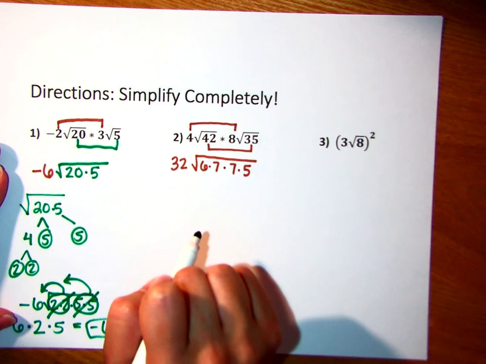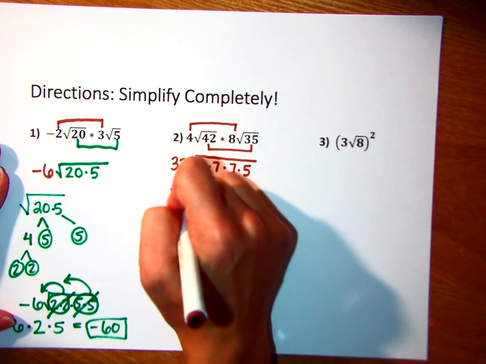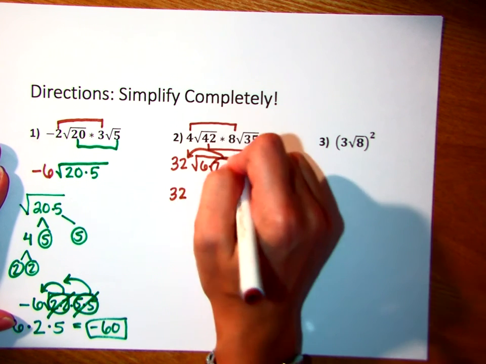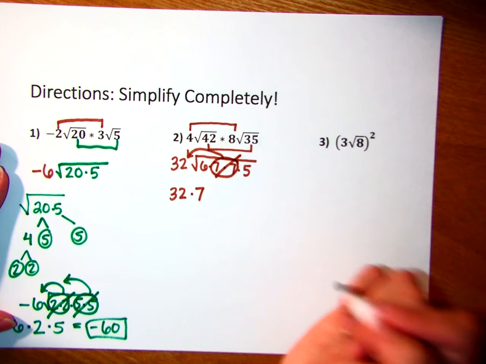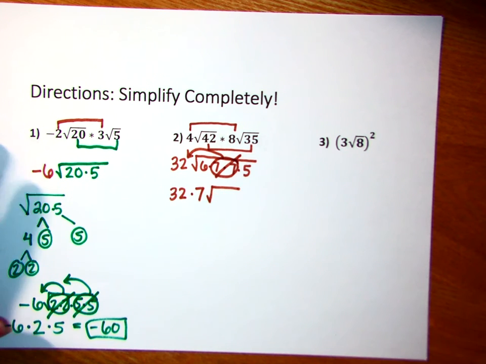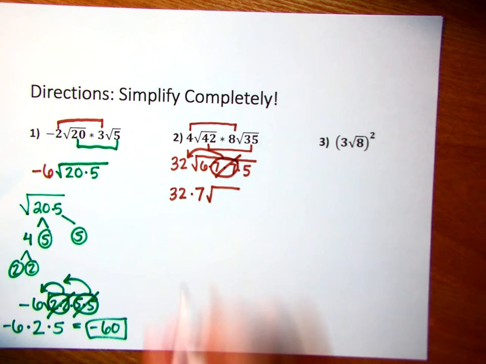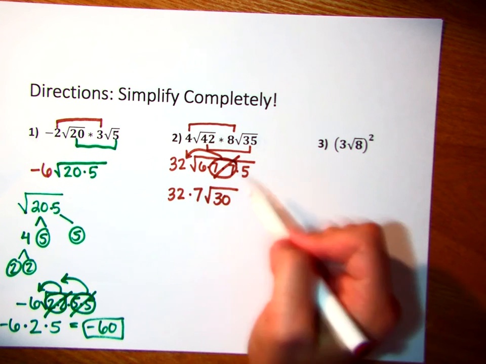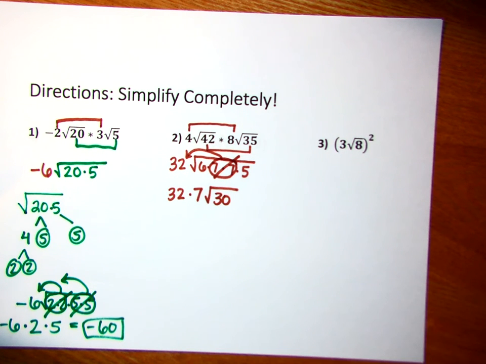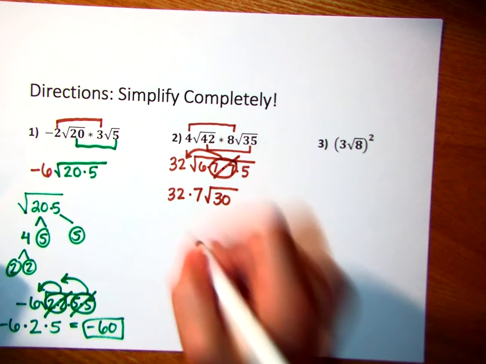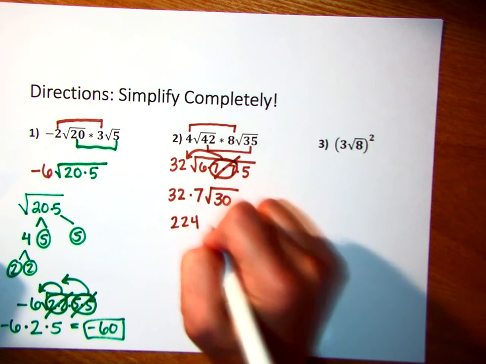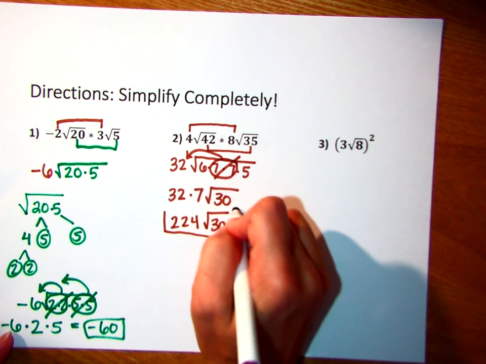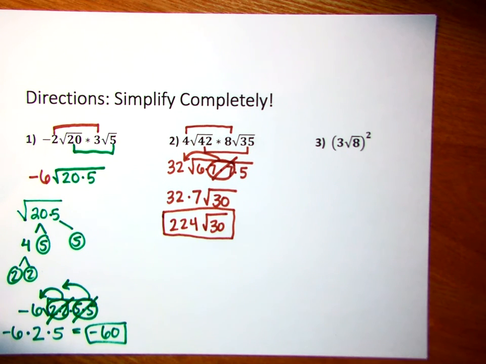So I'm ready to go. So I have 32. I'm going to take out one set of 7s, so only one comes out, so 32 times 7. And on the inside, I would have 6 times 5, which has no twins in it. So we have on the outside 32 times 7, which would be 224, square root of 30, which cannot be simplified anymore because it has no sets or pairs left with it.